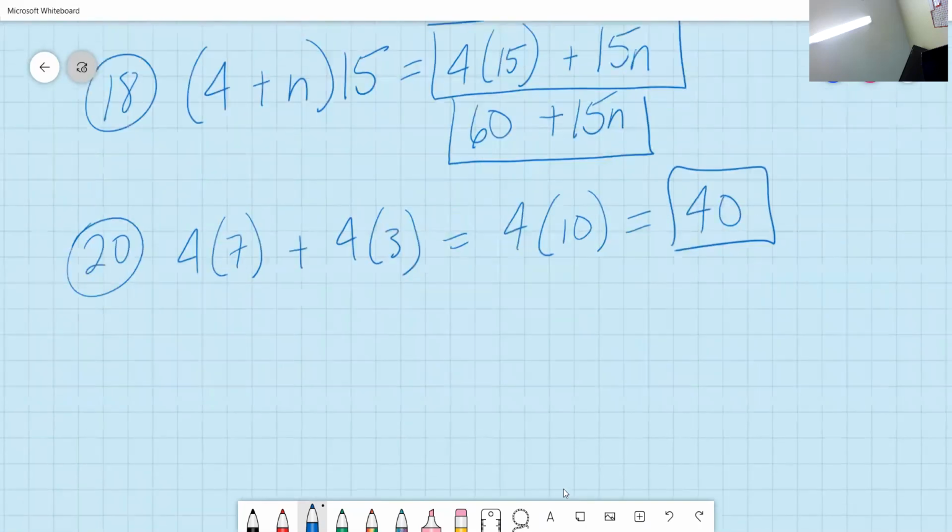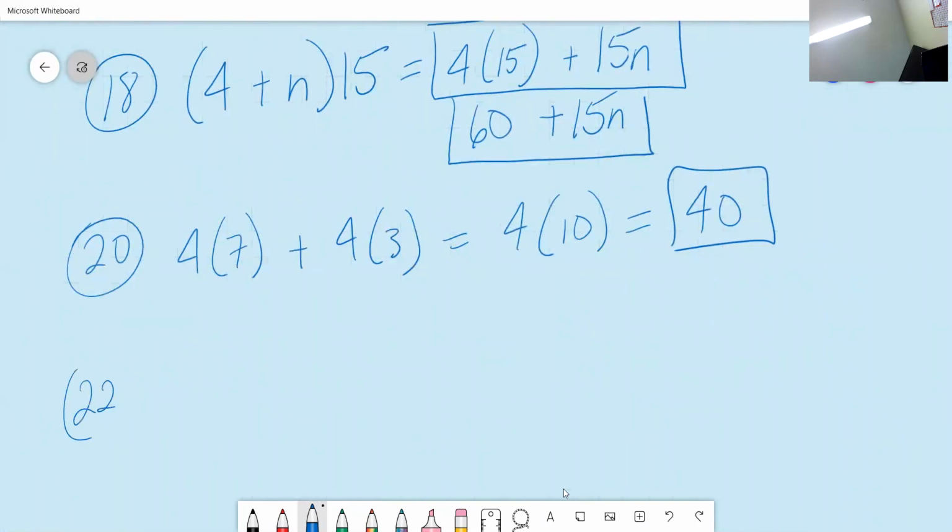Okay. So number 22. In number 22, we're given 6 times 24 plus 6 times 6.